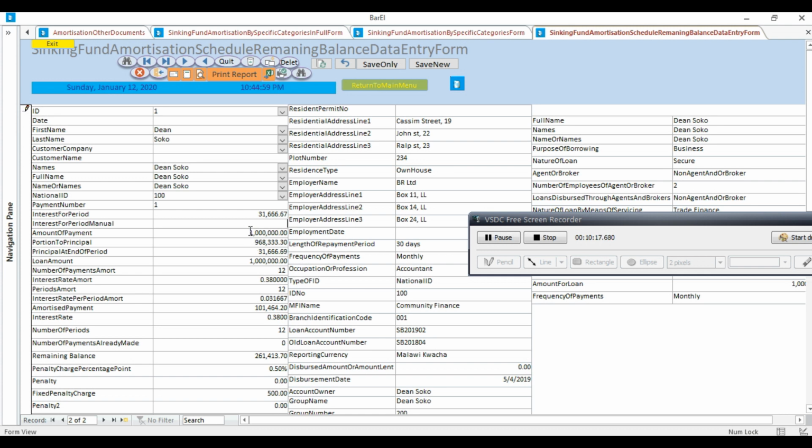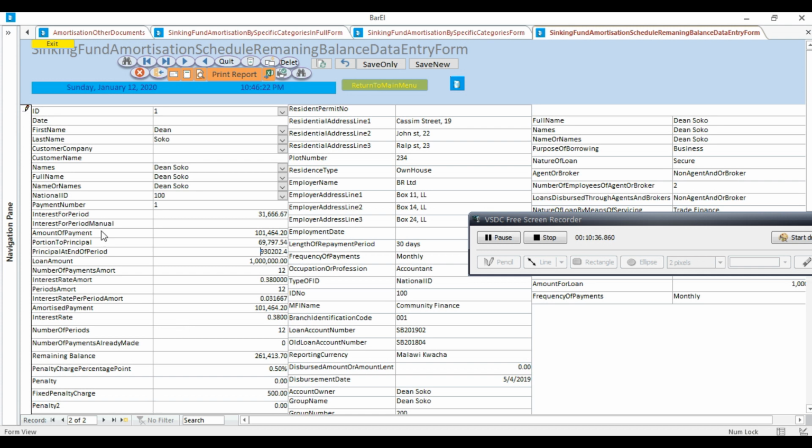The amount of payment is 10. So principal at the end of period is 930,204.